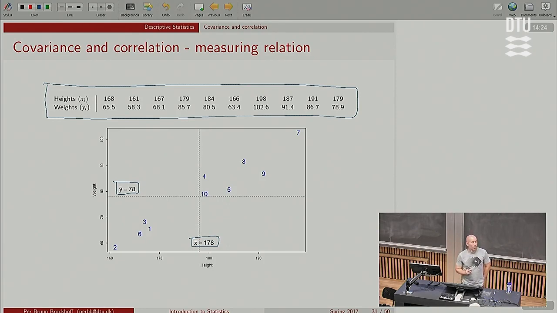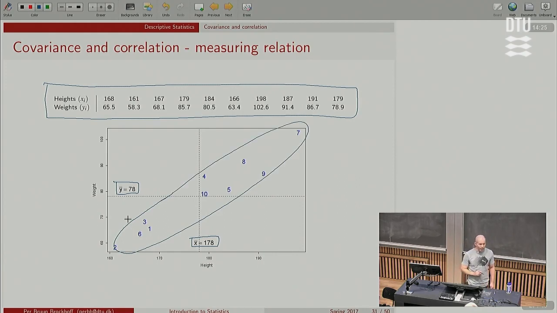What's the story about height and weight here? Is there a relation between height and weight, between weight and height? Yes, there is, right? We have a pretty clear positive pattern like this.